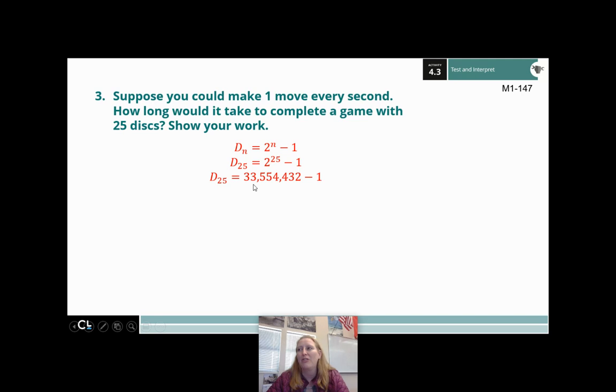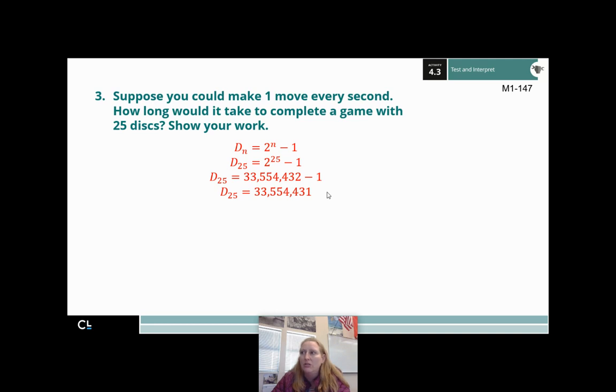And so 2 to the 25th power is 33,554,432. Subtract 1. And that means that for 25 discs, the minimum number of moves to win would be 33,554,431.